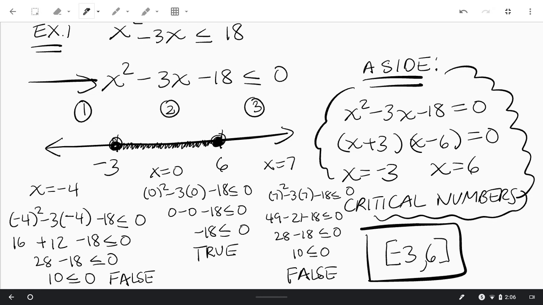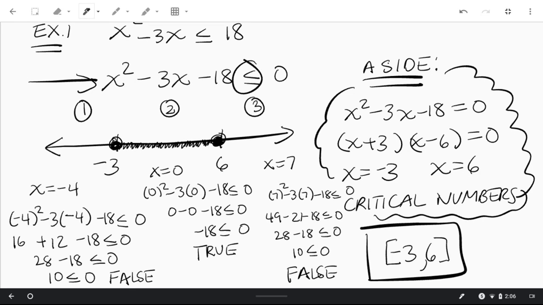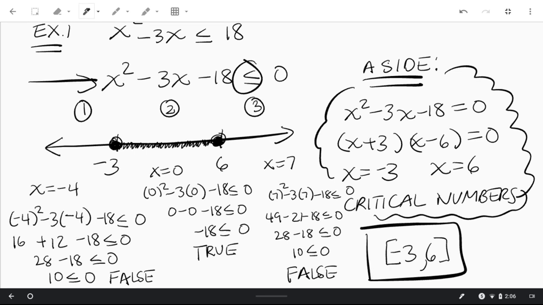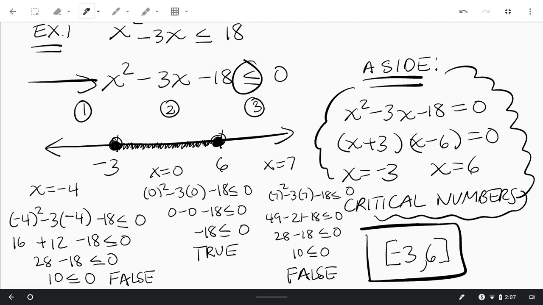Because right here, we said we want all the numbers where it's less than or equal to 0. And at -3 and 6 is where it equals 0. So that's why we shaded it in. All right, so those are quadratic inequalities. You do have to do the factoring, and you do have to check each region.